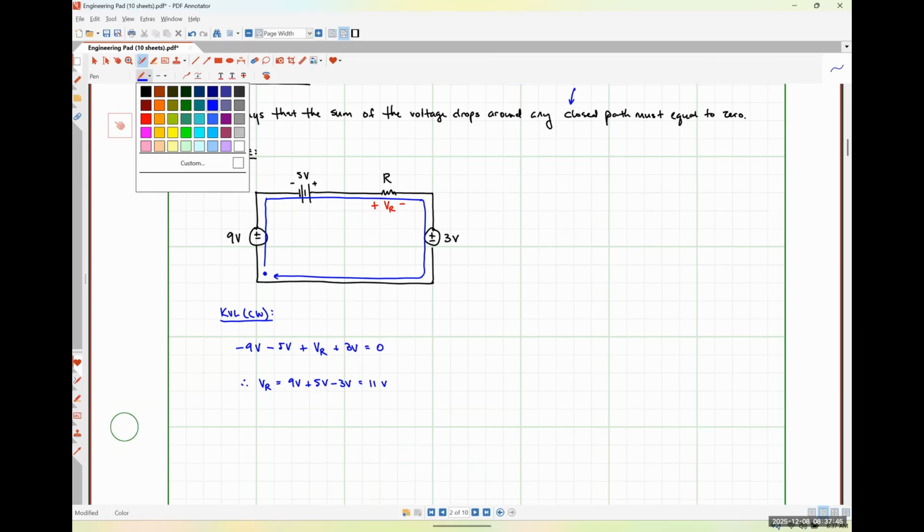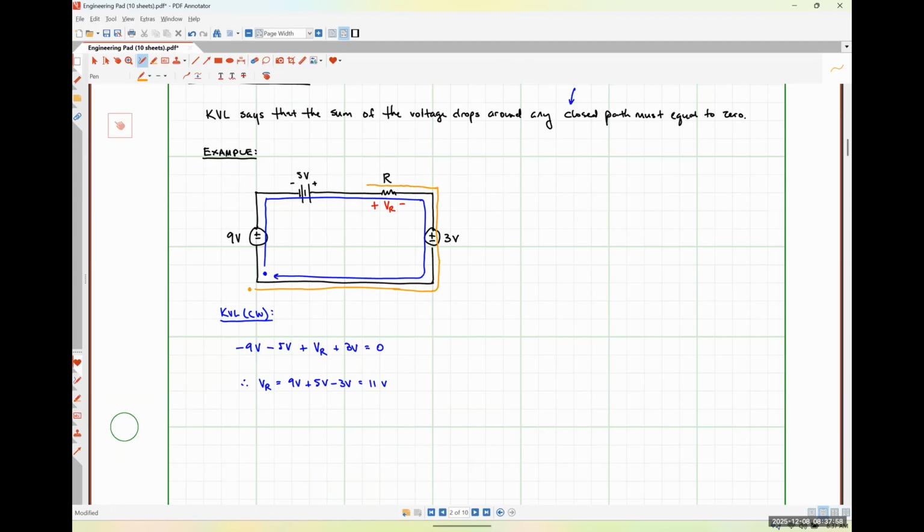Now, just for the hell of it, let's do KVL in the opposite direction, counterclockwise. The first thing I see is the negative polarity terminal of the 3-volt source. So I get minus 3 volts, then minus VR, then plus 5 volts, then plus 9 volts.